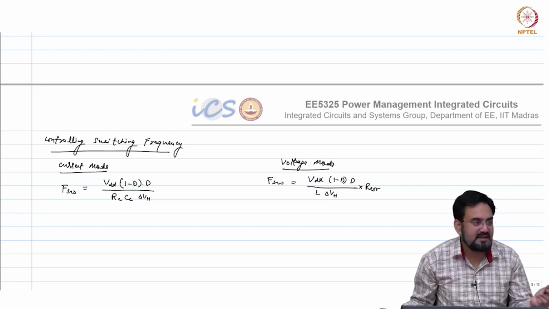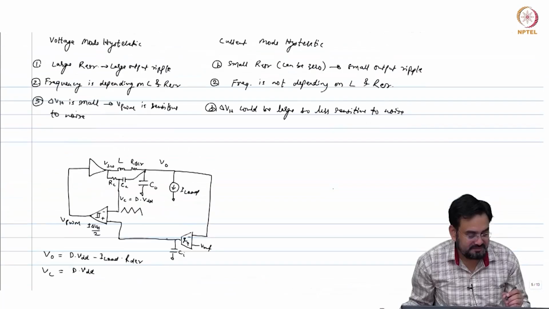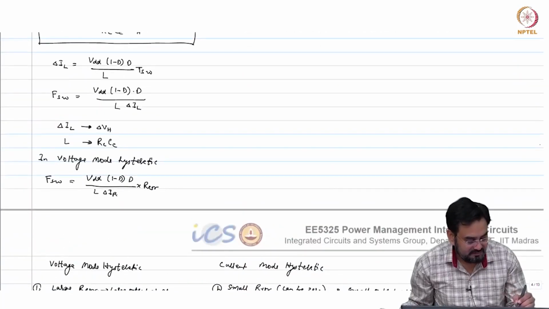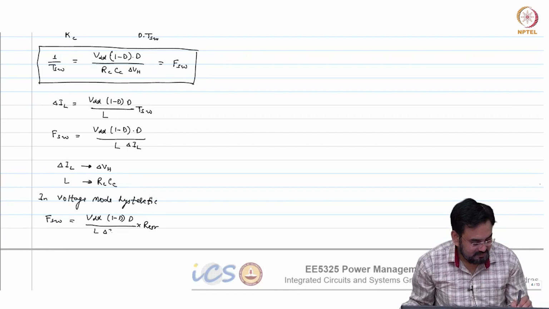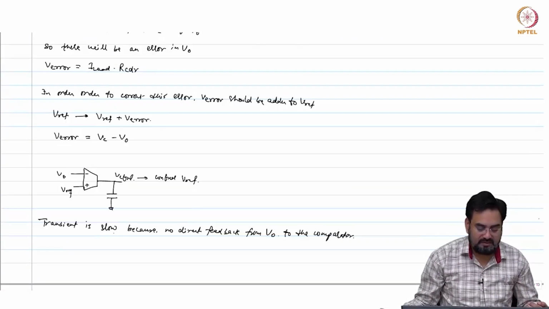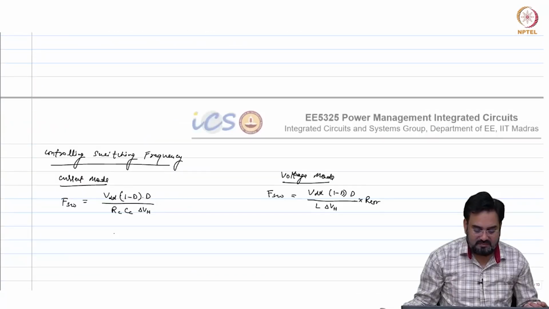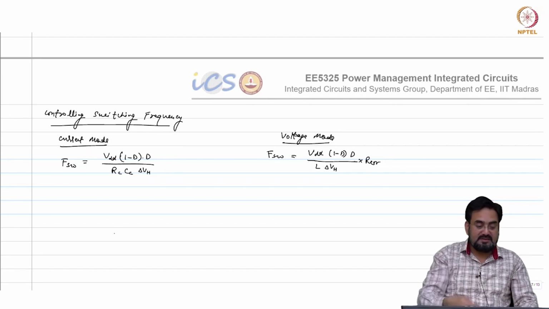Delta VH by RESR was the delta L. So let me fix that also. Tell me, what are the different ways to control the frequency in the two cases?